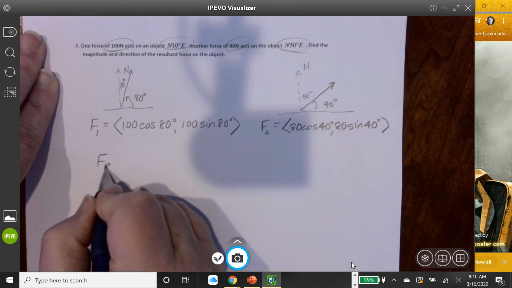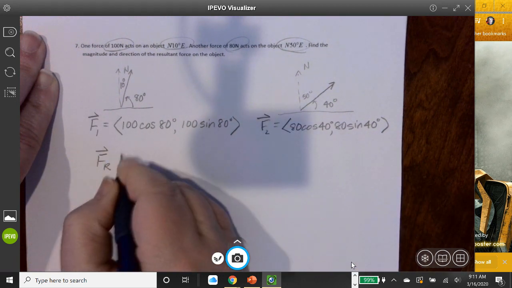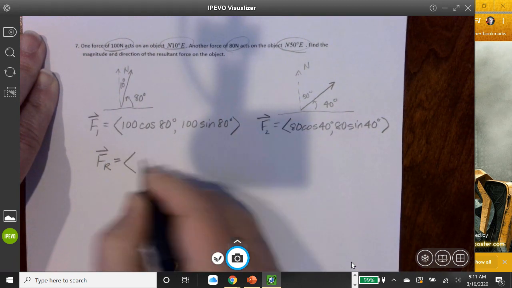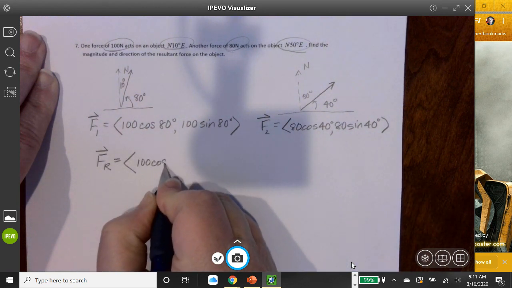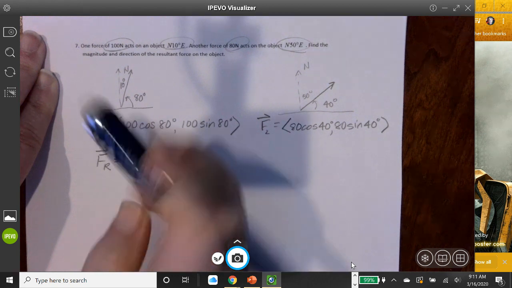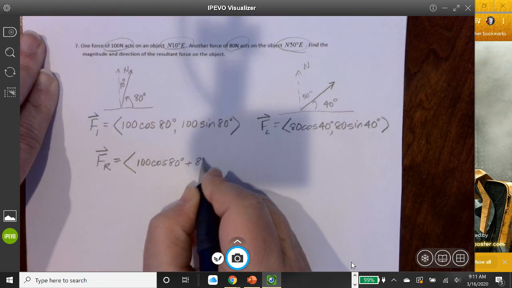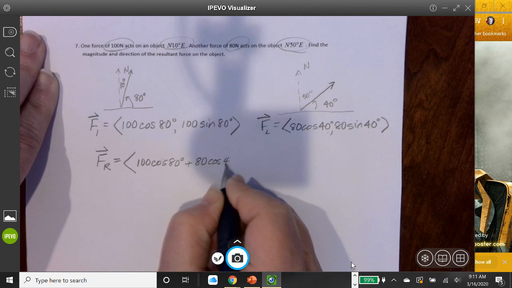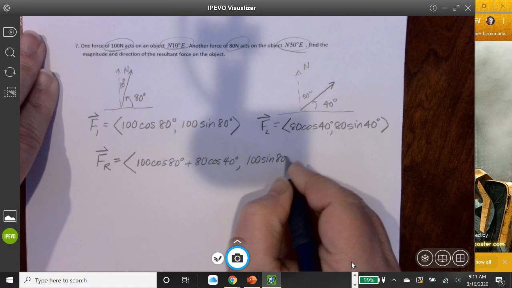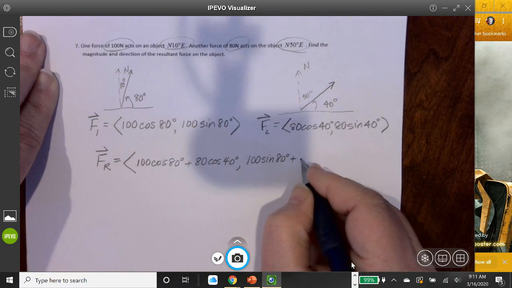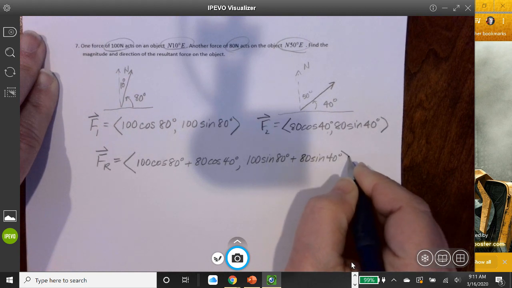So the force resultant, I should put vector language on this, is equal to, well, we just add these two components together. So it would be 100 cosine of 80 degrees plus 80 times the cosine of 40 degrees, and then 100 times the sine of 80 degrees plus 80 times the sine of 40 degrees. There we go.